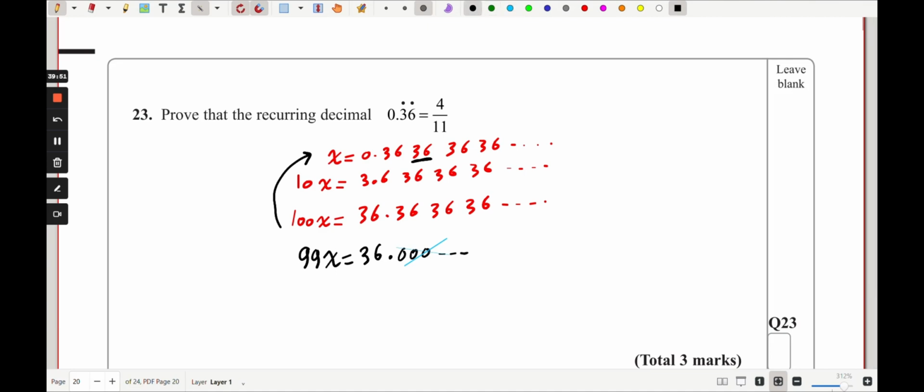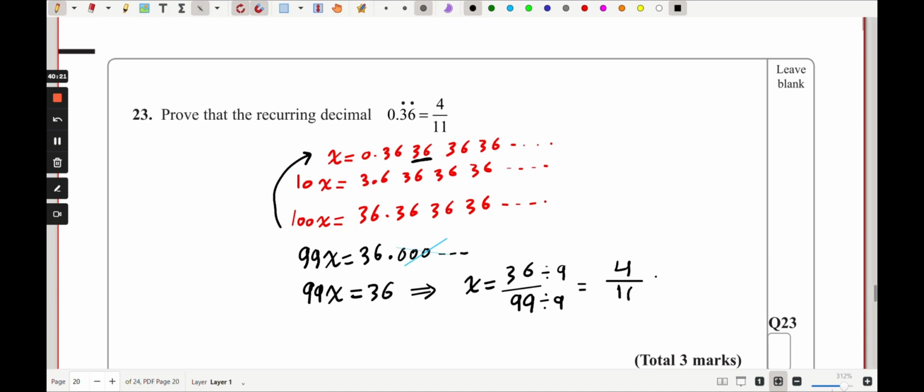So left over here, 99x equals 36. Now divide both sides by 99, we'll get x equals 36 divided by 99. Divide both the top and the bottom by 9, we'll get 4 divided by 11.